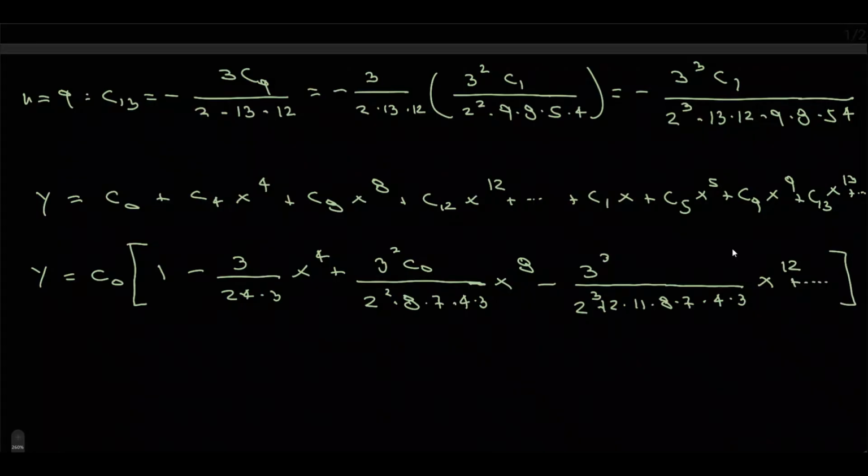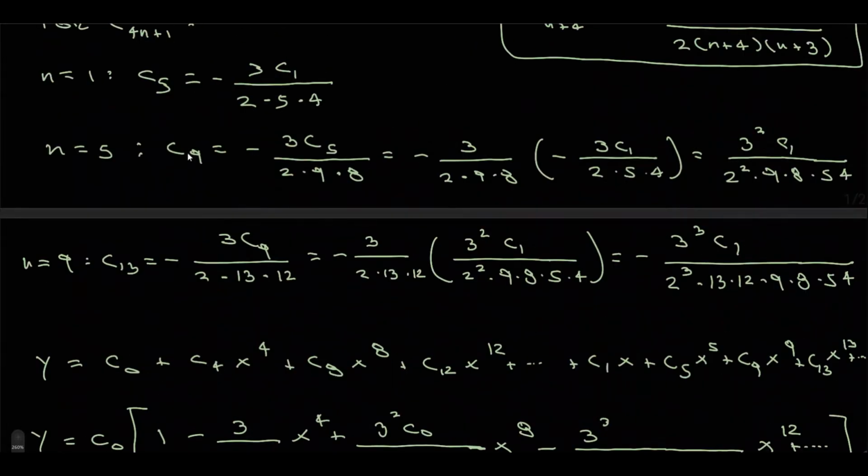And then I'm going to add another line right here, c sub 1, the coefficient of powers that are of the form 4n plus 1. In this case, x plus c sub 5. What is c sub 5? We have it over here.